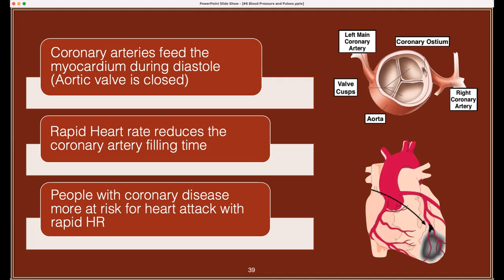And anybody with coronary disease is at much greater chance for having a heart attack if their heart rate goes up. And that's why you'll see patients that have a heart attack, the first medication they'll get is a beta blocker, which slows the heart rate down.